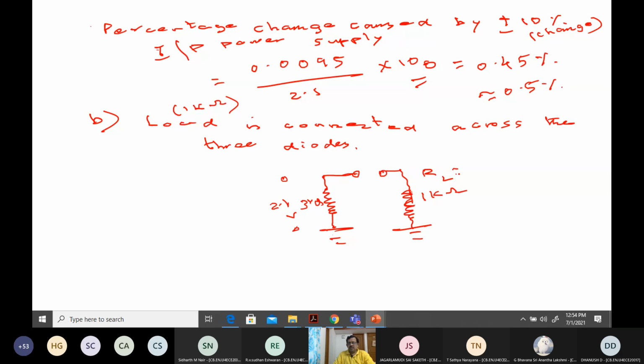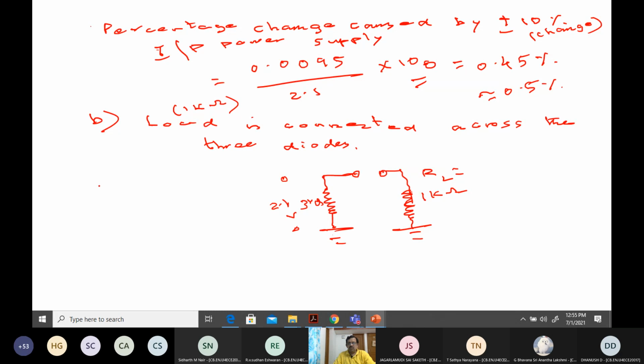This is connected, so there will be the current drawn by this resistor, which is connected across these 3 diodes. I have replaced the 3 diodes with a small signal model, that is 3 rD. So the nominal voltage 2.1 volt will appear across this as a first approximation. I am assuming that 2.1 volt will appear across this 1 kilo ohm.